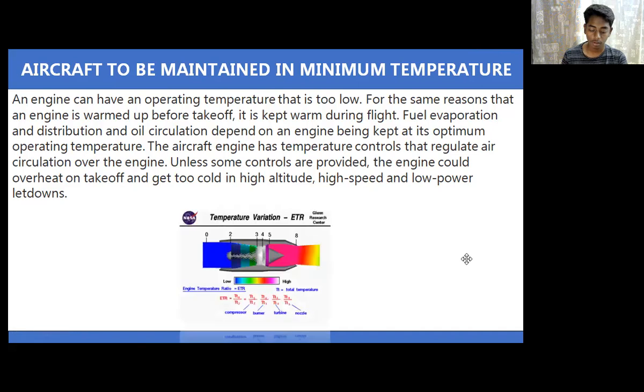So this is how the minimum temperature of an engine is maintained at different parts. How the temperature is going to be in an engine at different areas, different sections, different parts of an engine.